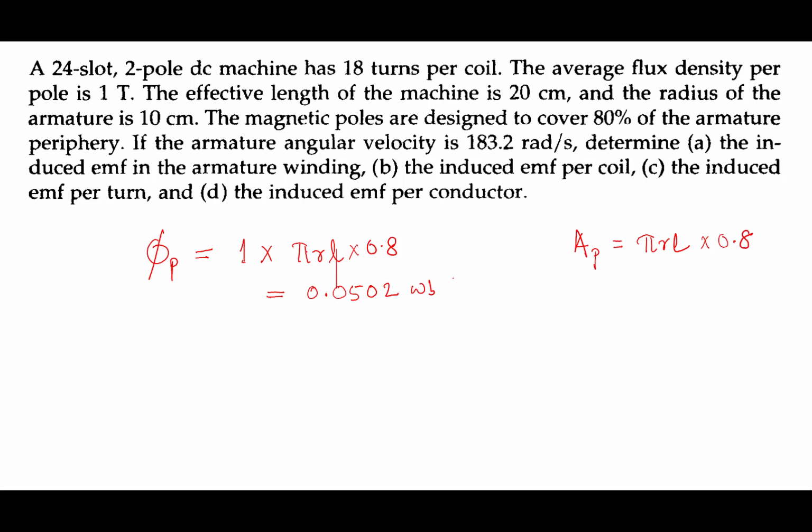Now we need to find the induced EMF in the armature winding. So induced EMF is EA, which is equal to KA 5p omega m, right? So K you have to find. What is K? K is the machine constant.